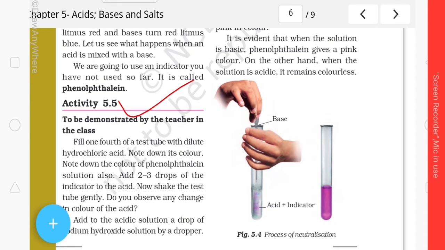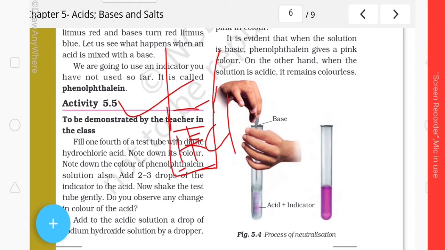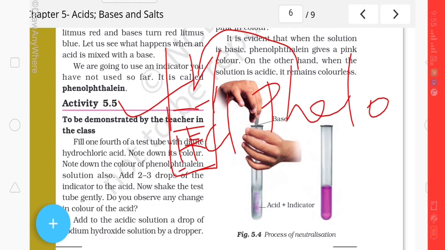For this activity we will take a test tube, and in the test tube we will add dilute HCl, which is hydrochloric acid. In that acid we will add a few drops of phenolphthalein, which is an indicator.